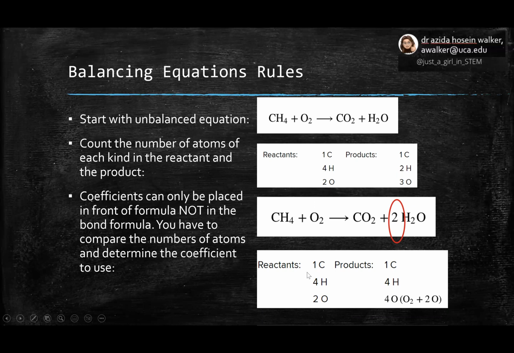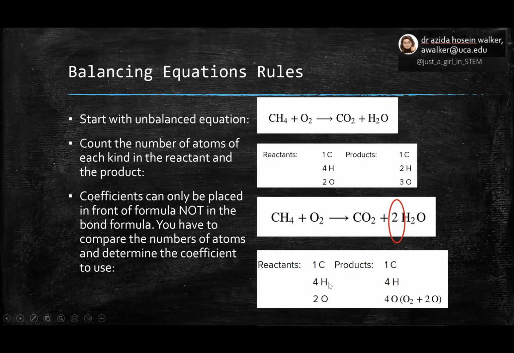So in this case, now we have our 1 carbon in the reactant and 1 carbon in the product, 4 hydrogen atoms in the reactant, and here we have 4 hydrogen atoms in the product. Now we have 2 oxygen atoms in the reactant, and here we have 2 oxygen atoms from our carbon dioxide, plus the 2 multiplied by the oxygen atom here, so it's O2 plus 2O, so that's 2 plus 2, so we have 4 oxygen atoms.